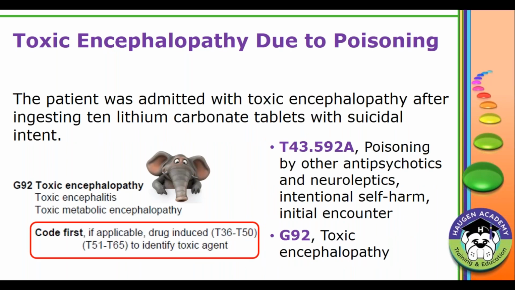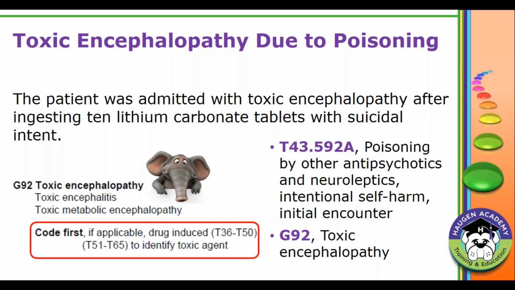Toxic encephalopathy is another interesting one, and there are some indexing or tabular issues that they did not fix last October that I really wish they had. So first of all, there are no issues with toxic encephalopathy due to poisoning.